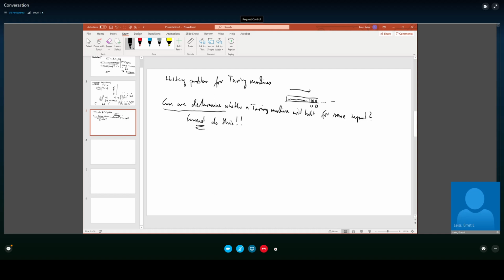We cannot take a Turing machine and an input, and have yes, it halts, or no, it doesn't halt, as output of this algorithm that would solve the problem whether a Turing machine will halt for some input.